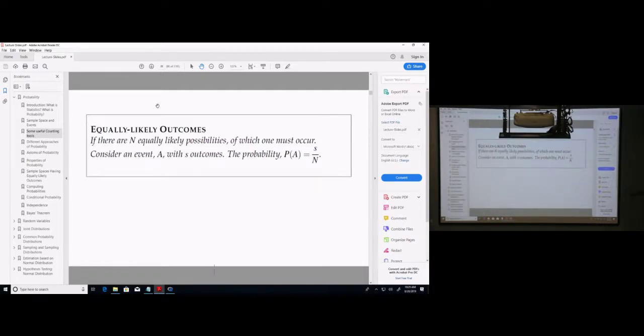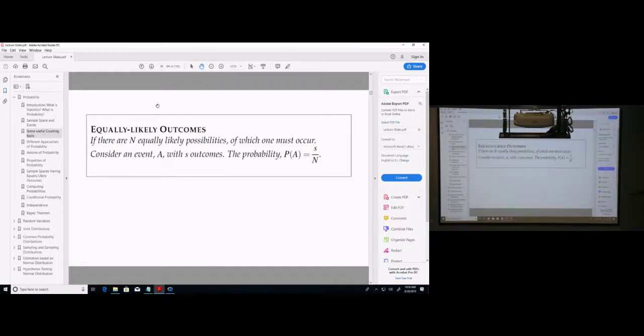Okay, the equally likely outcomes: if there are n equally likely possibilities, this is actually our big assumption. Usually we do not say it this way. We say the coin is fair, the die is fair, and so on. So we do not really spell it out in such technicality, but this is the actual assumption behind it.